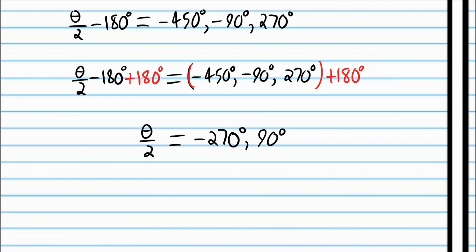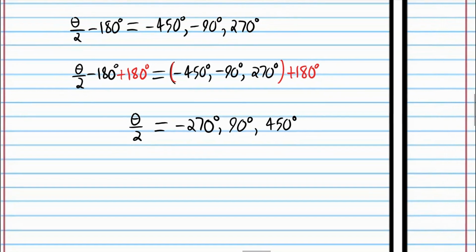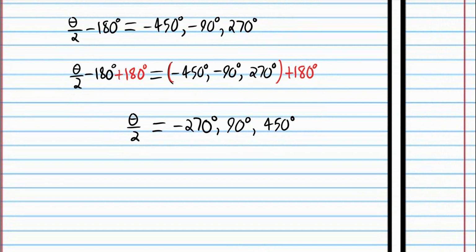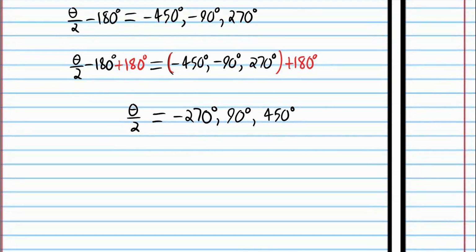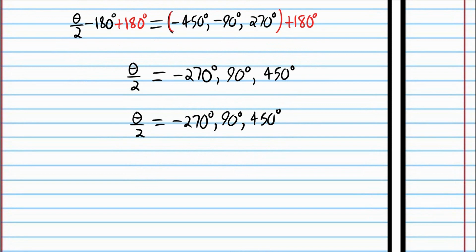So now we're going to add 180 to 270, and you can see that that's probably going to be a number that's way too big. 450 degrees. Okay, so now we are going to multiply both sides by 2, and negative 270 times 2 is negative 540.